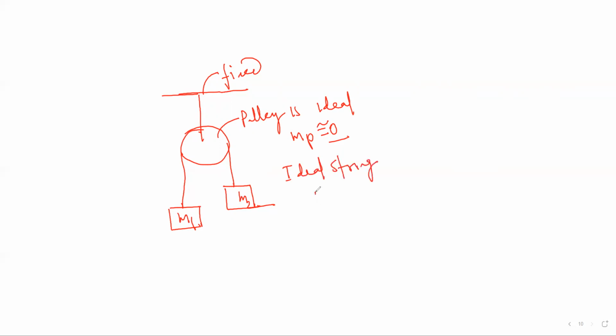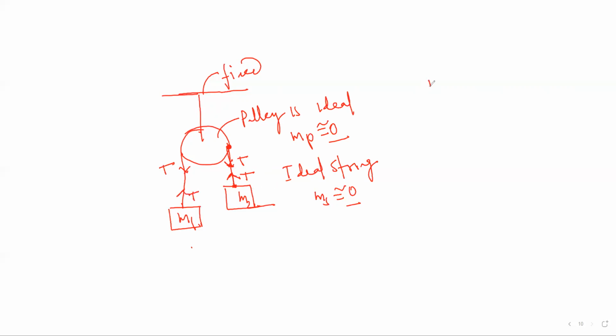In an ideal string, the mass of the string is also taken as 0 as compared to the mass of the connecting body. So when you take tension T, it will remain the same. It is always directed away from the point of attachment. Here this is the point of attachment, so it is directed downward. Here this is the point of attachment, so it is directed upwards. Same will happen here. So this is T, this is T.